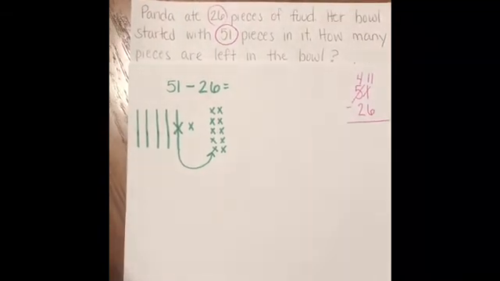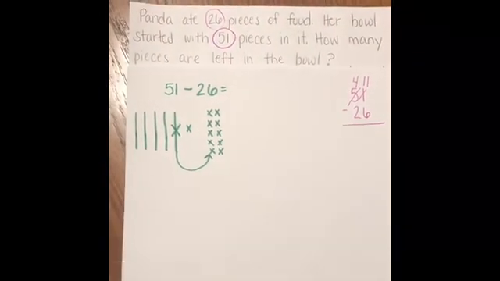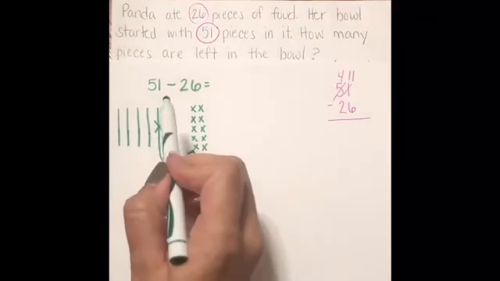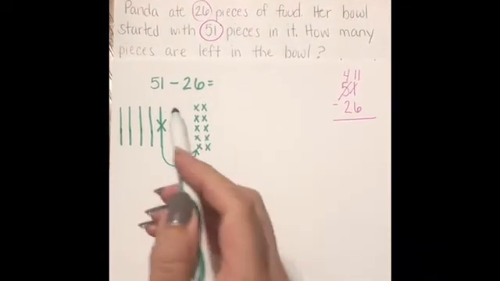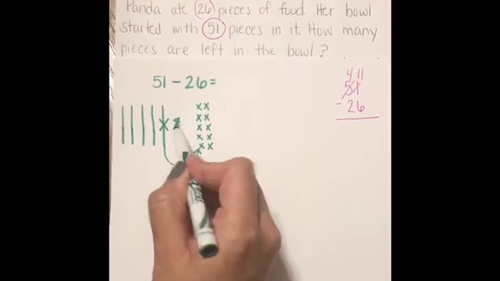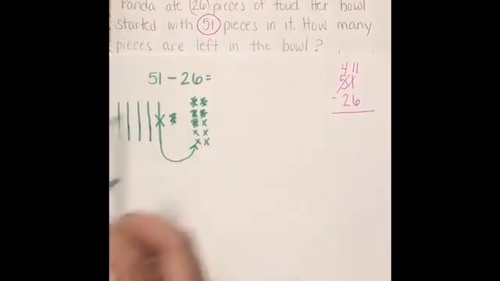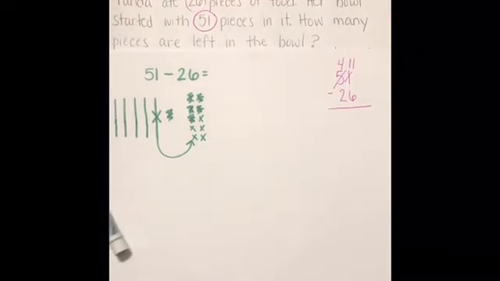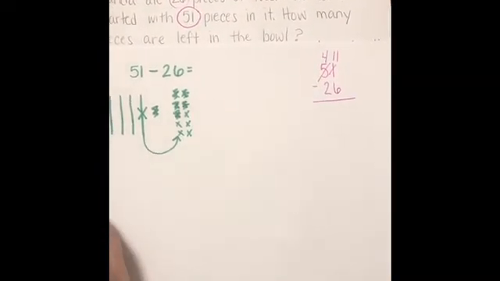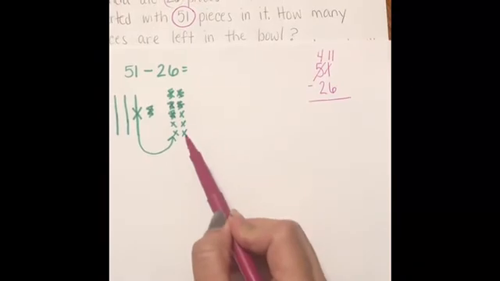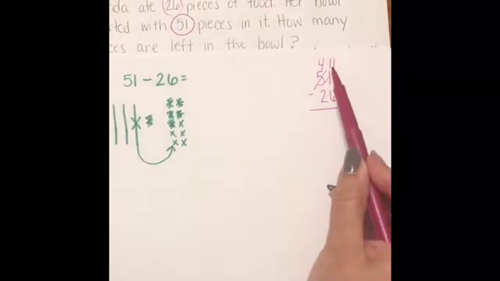So now I'm able to subtract. So I'm taking away 6 from my ones place. 1, 2, 3, 4, 5, 6, and that leaves me with 1, 2, 3, 4, 5. So I had 11.